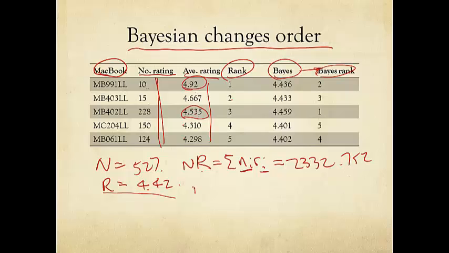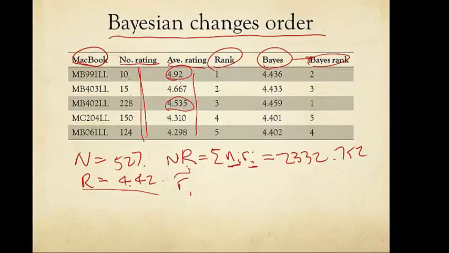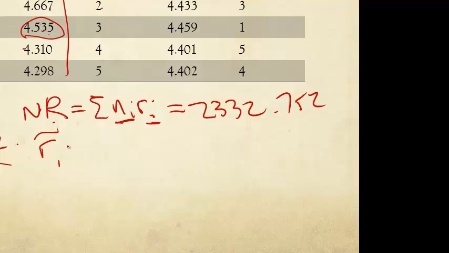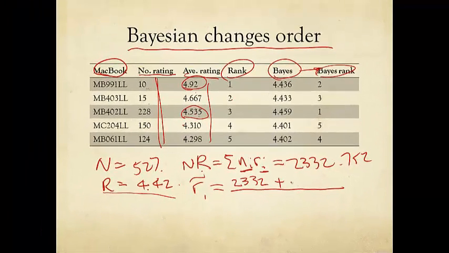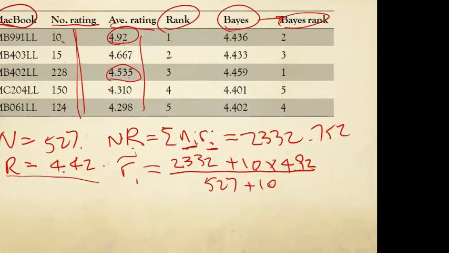So let's compute, for example, R1 adjusted. This is the Bayesian adjusted average rating for product 1. That would be n times r, 2332.752, plus 10 times 4.92. 10 is n1, 4.92 is r1. Divided by n, which is 527, the total number of reviews, plus n1, the number of reviews for just this product, which is 10.